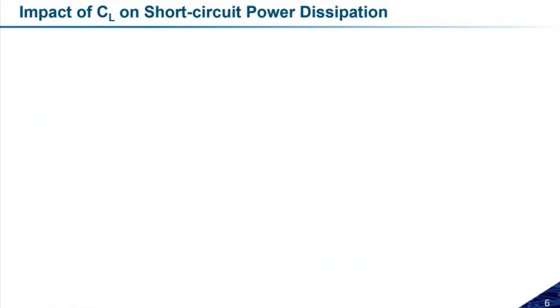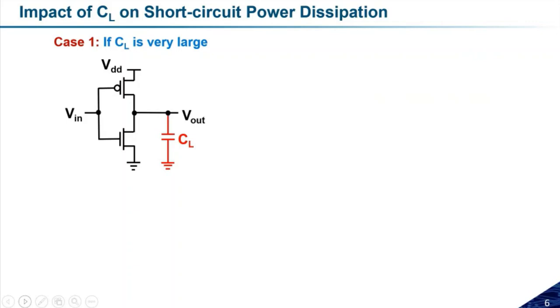Let us consider the first case. If the load capacitance is very large, and let us assume I have the input something like this, and the input is changing from 0 to 1, what will happen? If the load capacitance is very large, the output fall time is significantly larger than the input rise time.